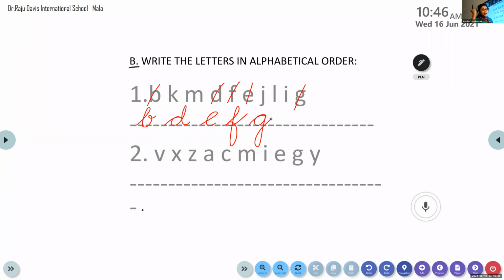After G, which is the next letter, it is H. H is there? No. After H comes the letter I. Yes, I says I'm here too. So please do write me. Yes, I have written it. So G, H, I. After I, which is the next letter, children?